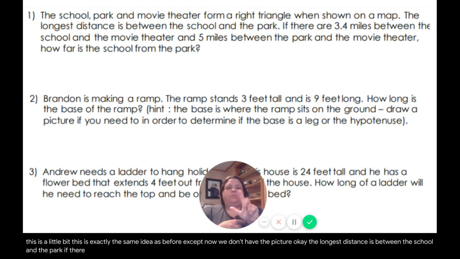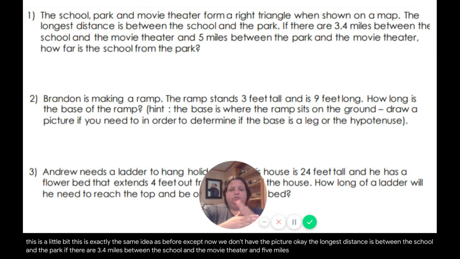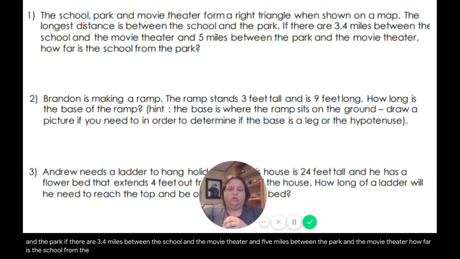If there are 3.4 miles between the school and the movie theater, and 5 miles between the park and the movie theater, how far is the school from the park?